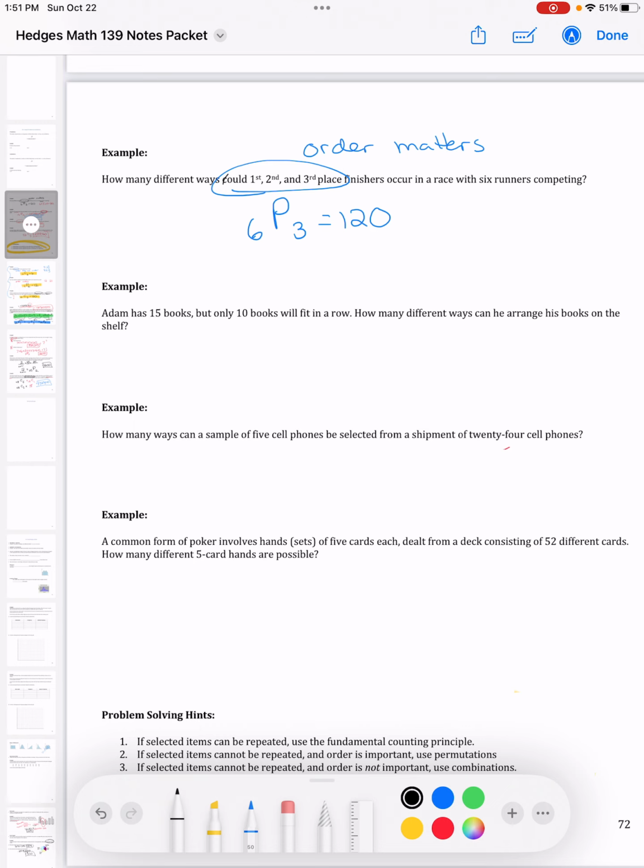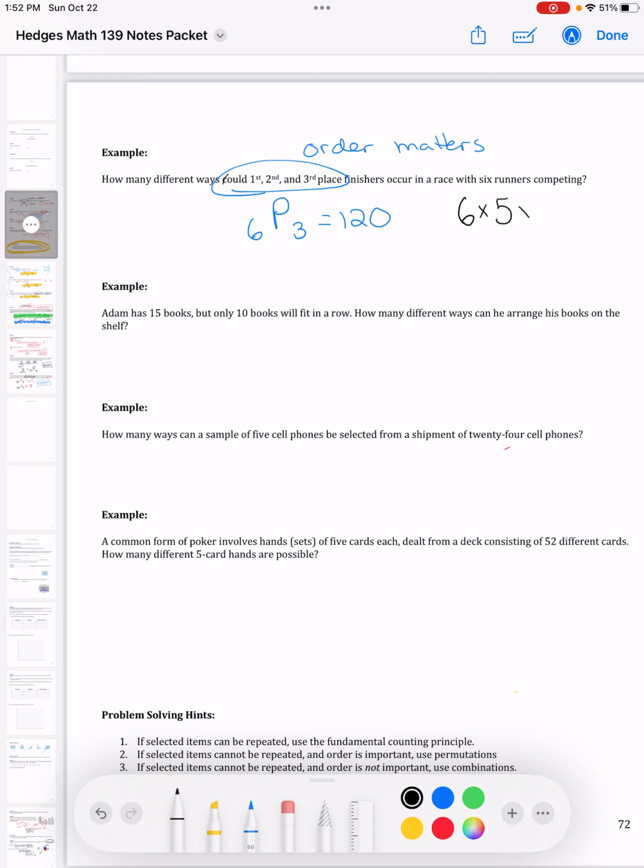You might also think about it being that 10.2 way though, the fundamental counting. You kind of think about it in terms of that. It's not technically a fundamental counting, but we could work it similarly. So if we had 6 runners, when they first start the race, any of those 6 can win. So we have 6 choices. But then once one person crosses the finish line, there are only 5 runners left to be in second place.